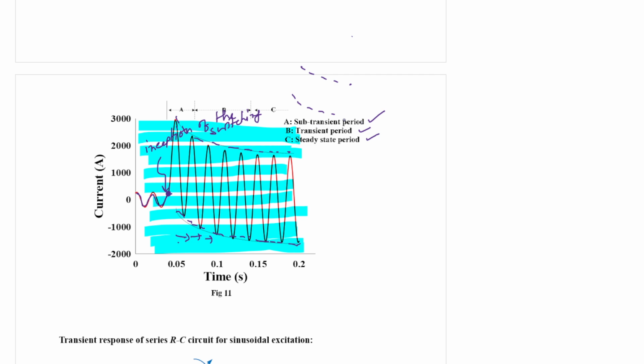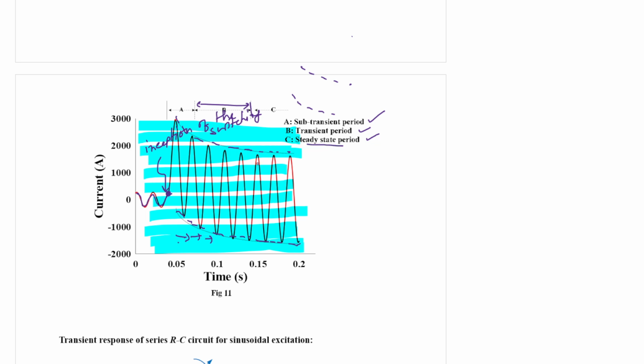Subtransient period is just after the switching, when the disturbance is so large. After one or half cycle, it is the intermediate state between transient and steady state. This phase, maybe two to three more cycles, is called the transient period. And after this, we have the steady state period.